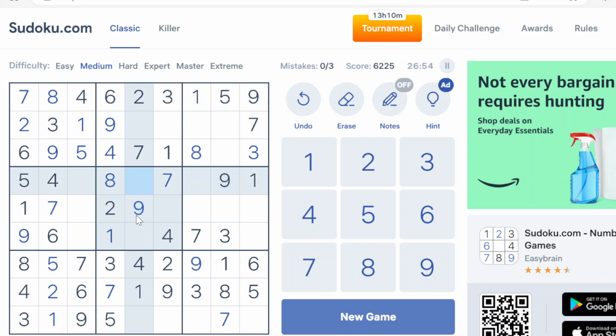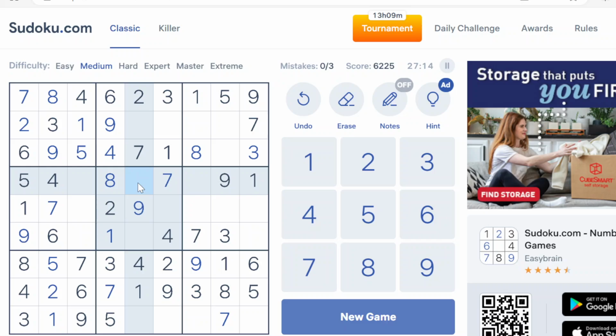So if we try to complete this box, we can use 5, 6, or 8. And well, this one can't be a 6 because there's a 6 here. Wait, no, why did I say 5, 6, or 8? There's already an 8 here. So this has to be 5, 6, or 3.